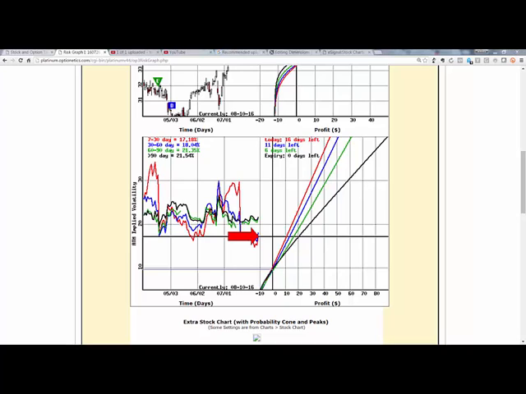And I would be safe to say that implied volatility, its average, if I took all these gyrations and smoothed them out into an average, I would say it's right around the 21 level. And we're down at 17.